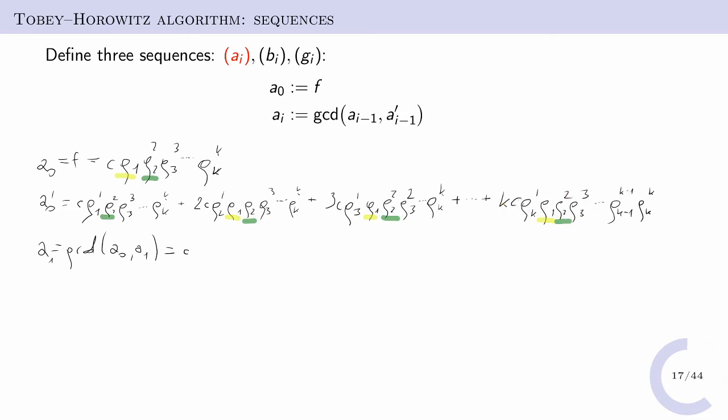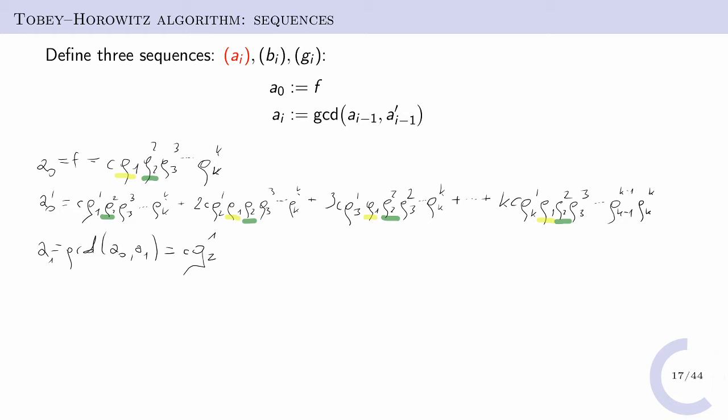So the whole a0 prime is divisible by g2 to the first power. F is divisible by g2 to the second power. a0 is divisible by g2 to the second power. But a0 prime, the derivative, is divisible by g2 to the first power only. So in this greatest common divisor, we have g2 to the first power.